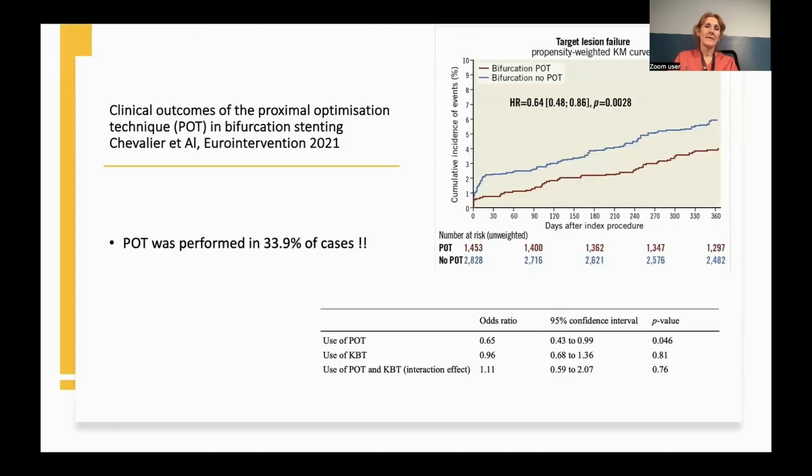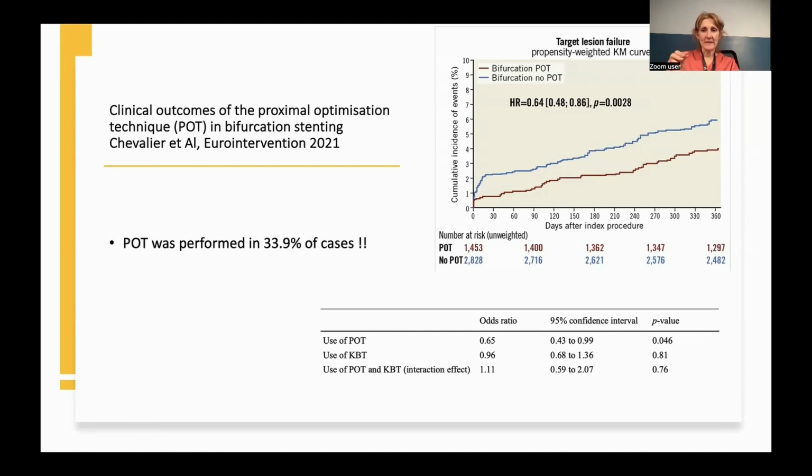We must remember that it's only very recently that we've had some hard clinical data on the importance of performing a proximal optimization technique. This data comes from 2021, when a bifurcation subgroup of the Ultimaster registry of over 4,000 patients showed that performing a POT had a benefit in lowering target lesion failure.